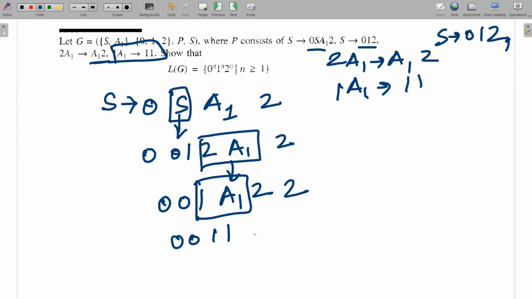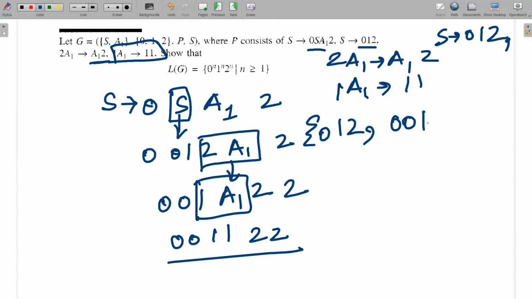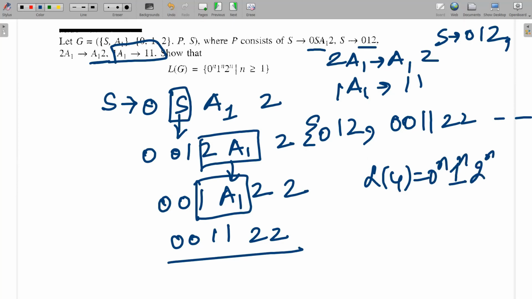We've got 001122. Earlier you had 012 as a string, then you have 001122 as a string. So clearly your language follows 0 power n, 1 power n, 2 power n, n greater than or equal to 1, because minimum 012 is available. Hopefully this is clear to all.